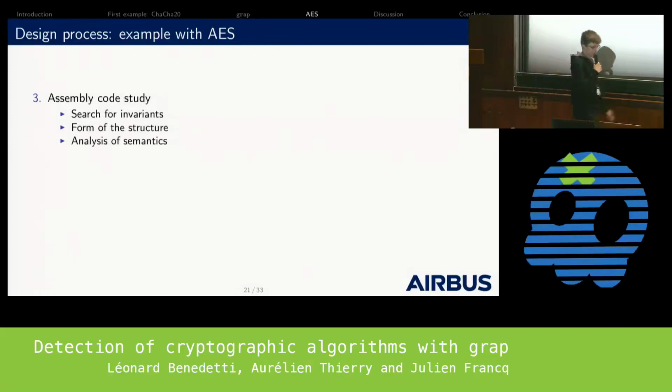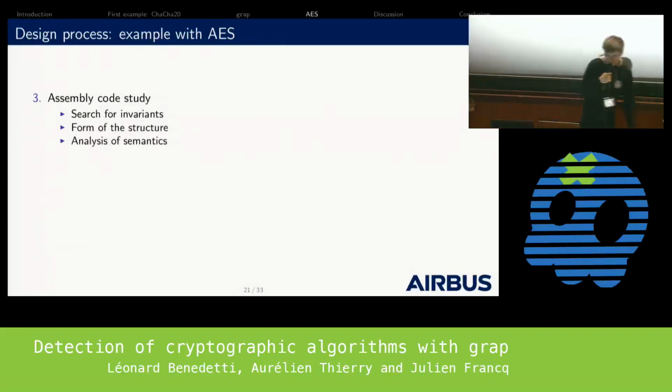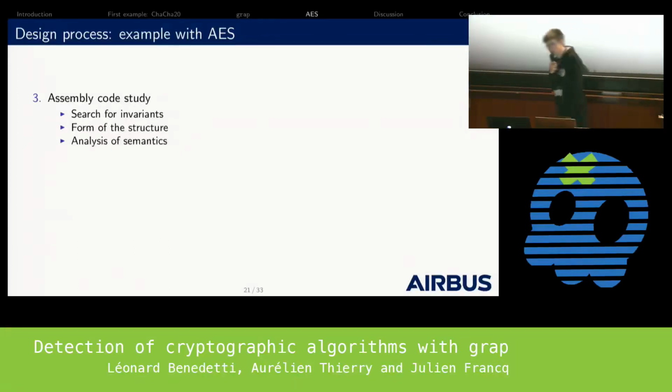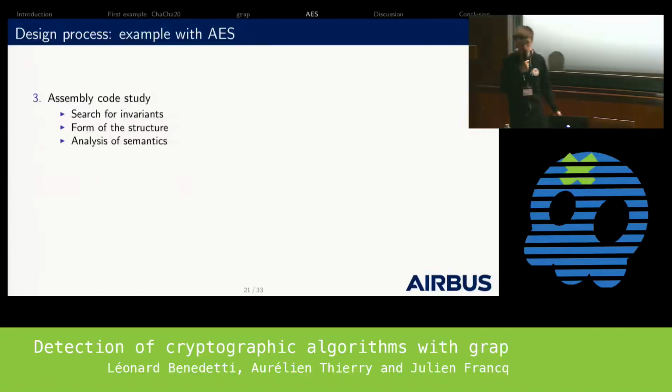Next, the most important and the most time-consuming step will be the analysis of the code produced by the compilers, where we will search for invariants. That is to say, we will look at the code compiled in different contexts, compare them, and try to identify some parts that are not changed across all binaries.